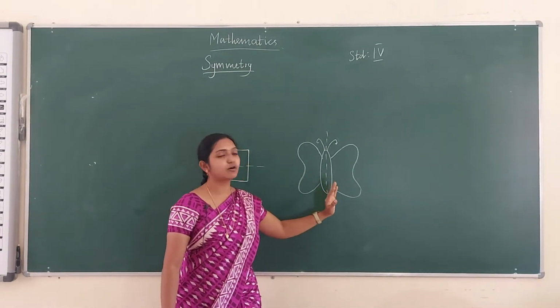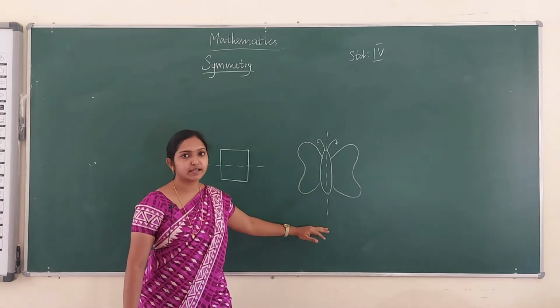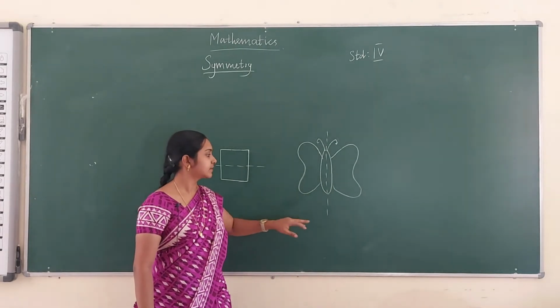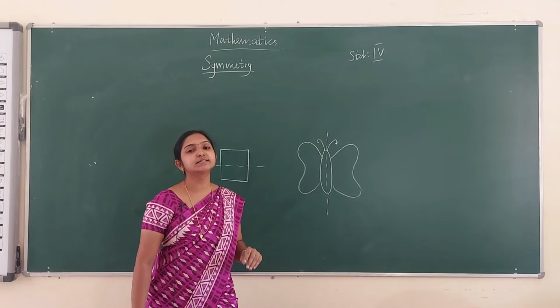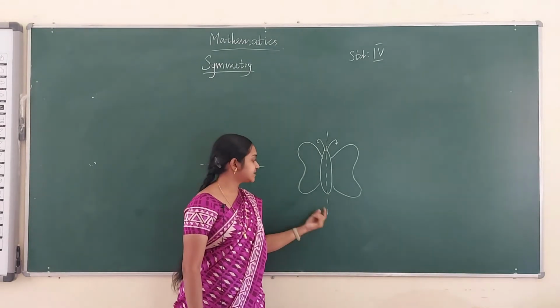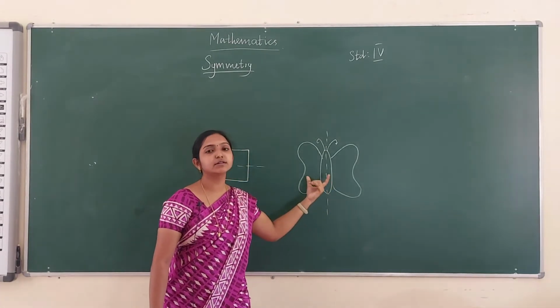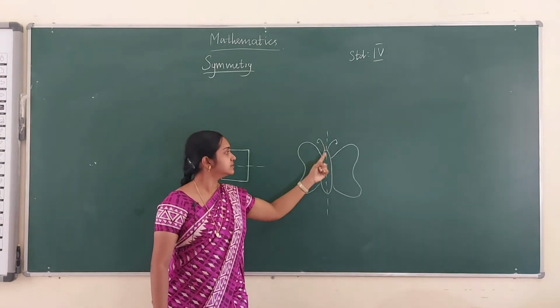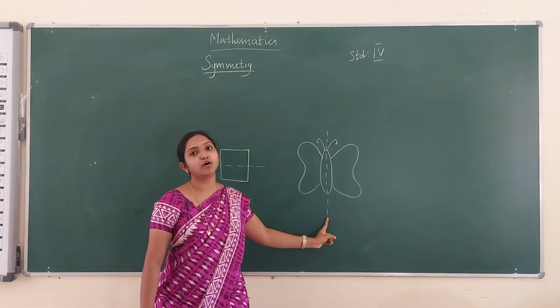Both the sides are looking the same. So butterfly is symmetrical. The line that we draw is called the line of symmetry. In this particular line, both the sides are getting symmetrical. This line is called the line of symmetry.